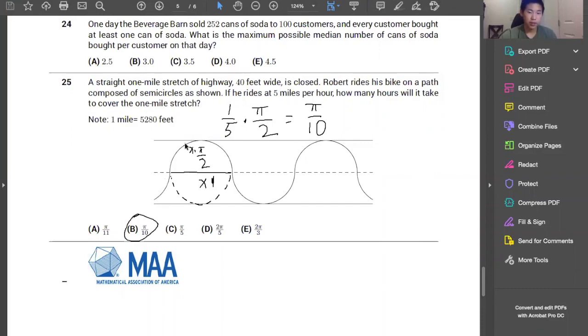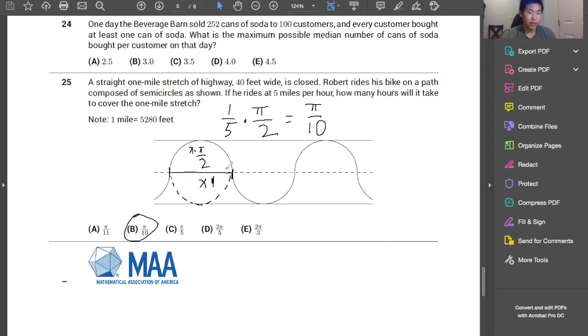Let me try to explain the last part again, because it might have been confusing. So pretty much instead, we're trying to get from this point to this point. Now, normally, he would have just gone in the straight line, which would be x distance, but instead he's biking x times pi over 2 distance.